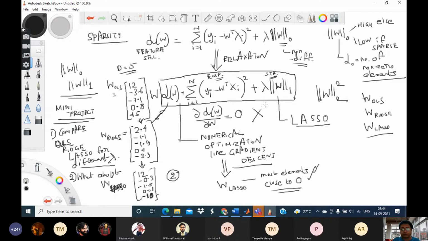If instead of the L2 norm or the L1 norm or the L0 norm, you use the L3 norm or the L5 norm, for example p equal to 3, 4, 5, etc., then what is the impact on W? This is something you can try out as a mini project.